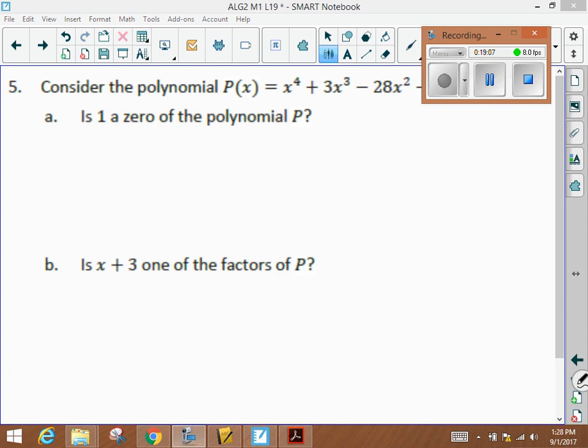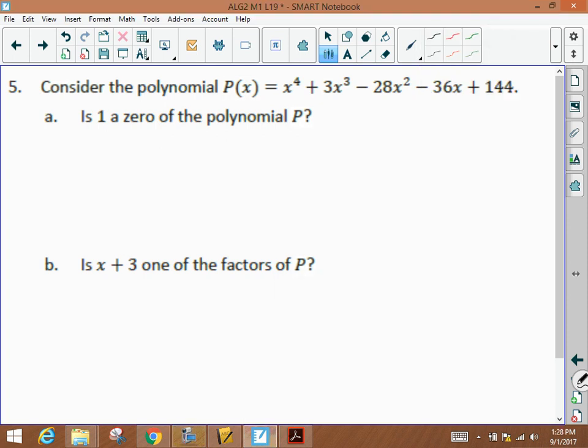Alright, so here we're being asked, is 1 a 0 of this polynomial p?